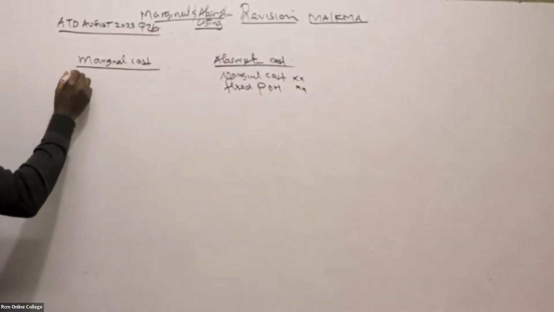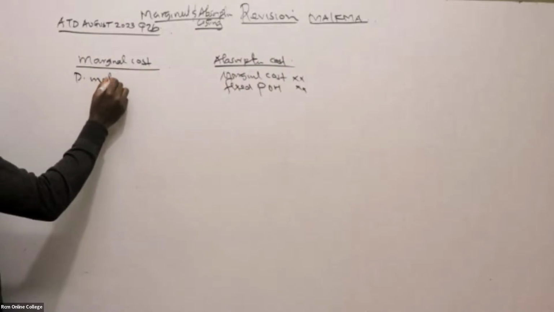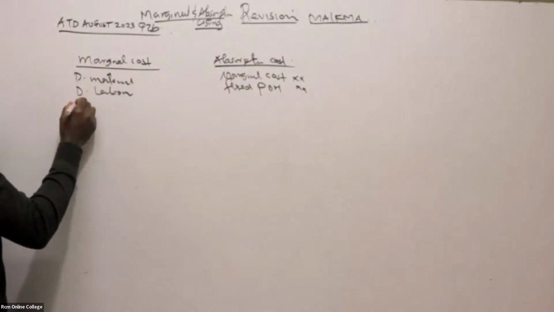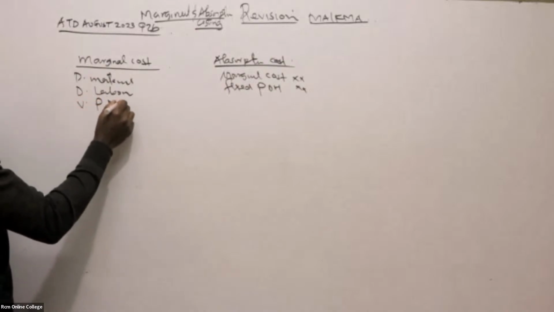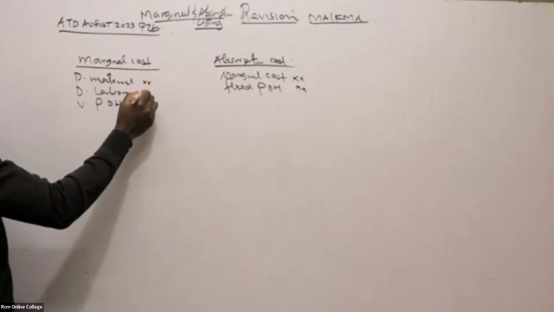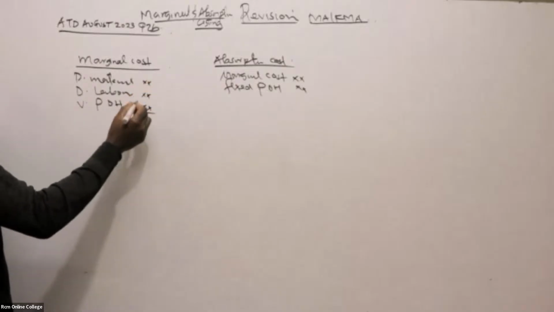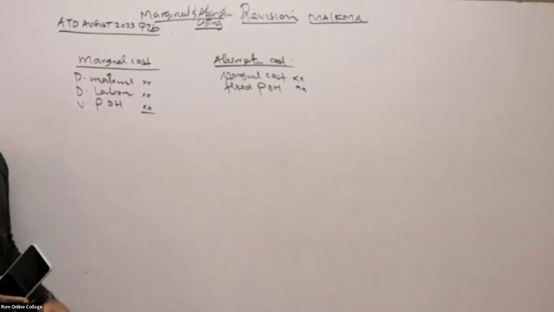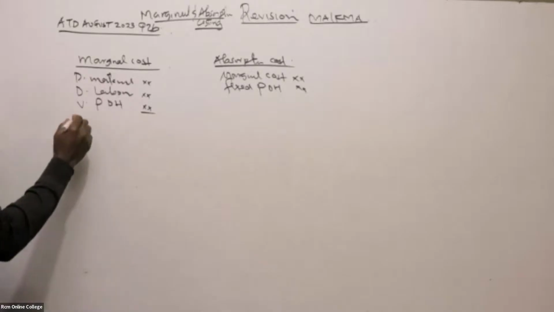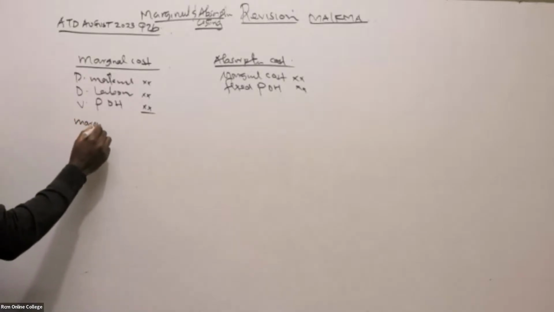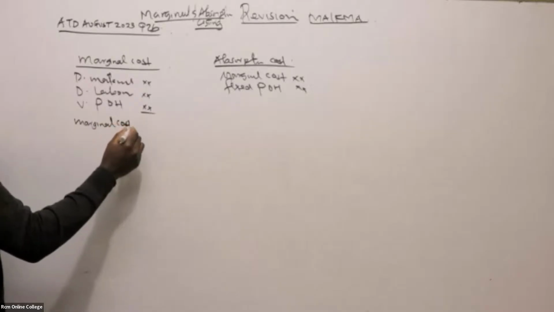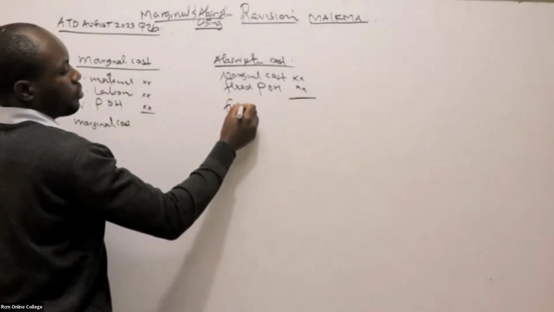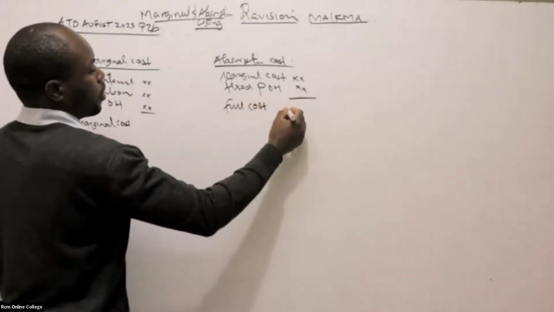But now our marginal cost, we have direct material, direct labor, variable production overhead, and that's all. When you add the first two, you get what we call prime cost. When you add variable production overhead, you get marginal cost. Of course, when you add the fixed overhead, you get full production cost.